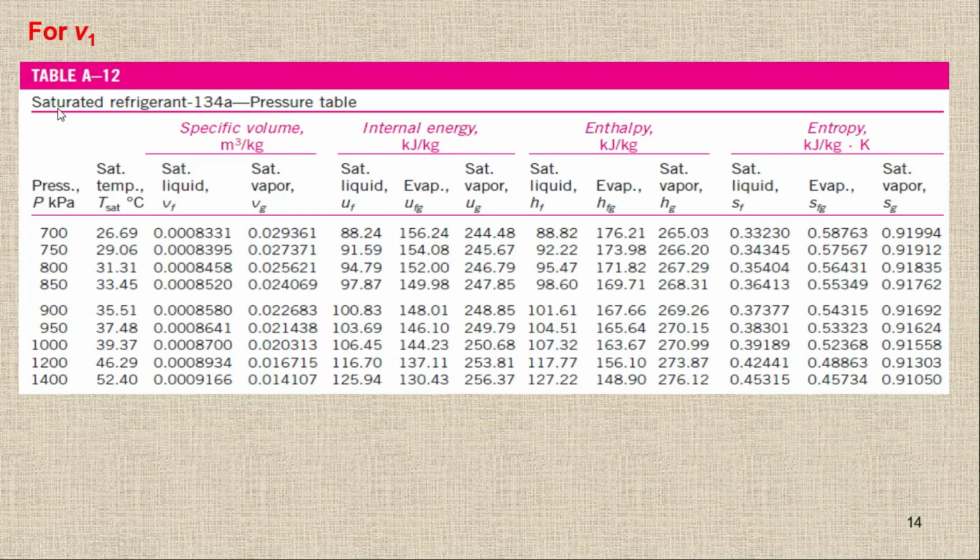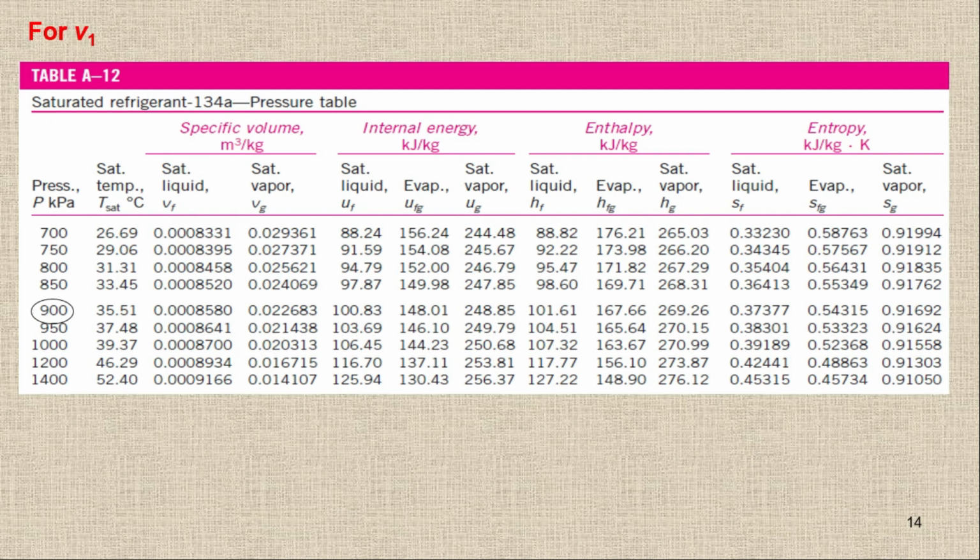So here we have the saturated refrigerant R134A pressure table because pressure is given. I'm going to use A12, saturated refrigerant 134A. We have 900 kilopascal, so where is 900? This is 900 kilopascal.